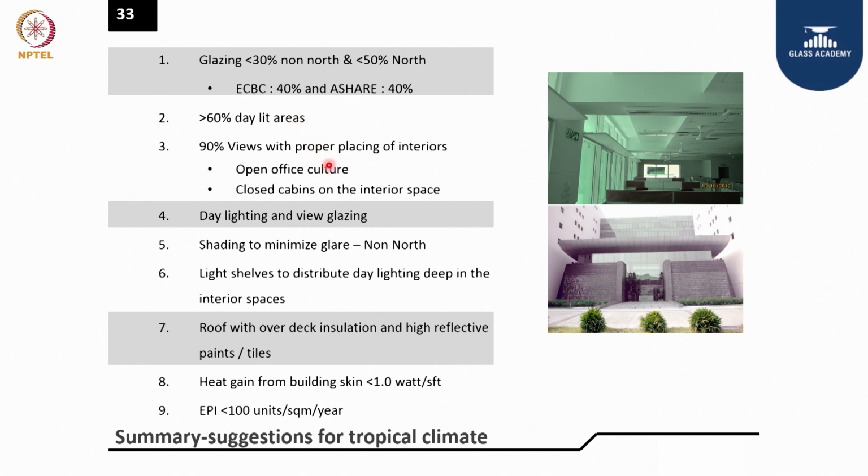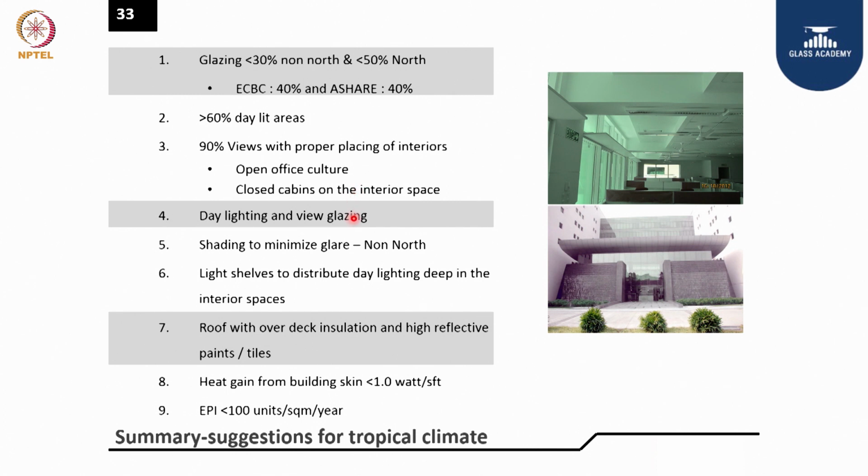Definitely you should look for 90% views for the building occupants to the exterior, with more and more open office culture, and minimize the cabins and enclosed spaces. They can be in the middle of the building floor plate, not on the perimeter, which arrests the heat and daylight penetration to the interior spaces.